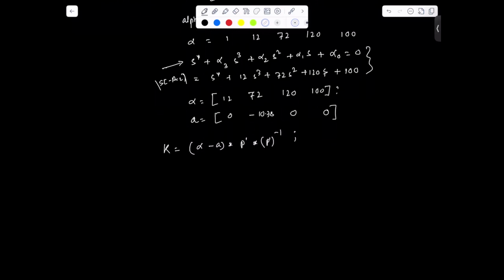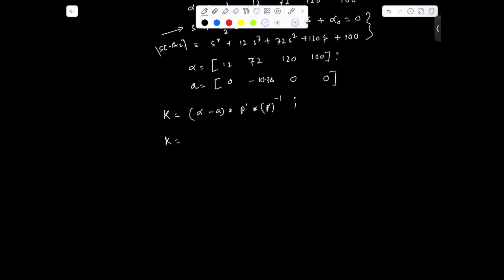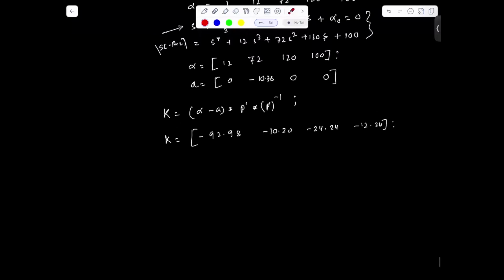If you write this command in MATLAB, we get K equal to minus 92.98, minus 10.20, minus 24.24, minus 12.24. This is the gain matrix used for the state feedback control.